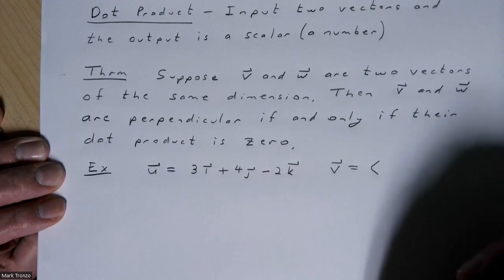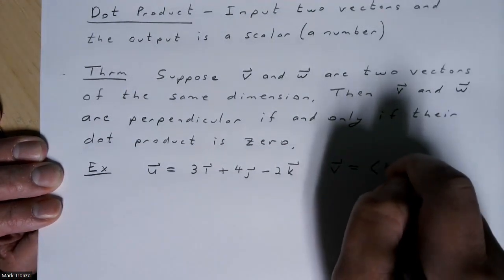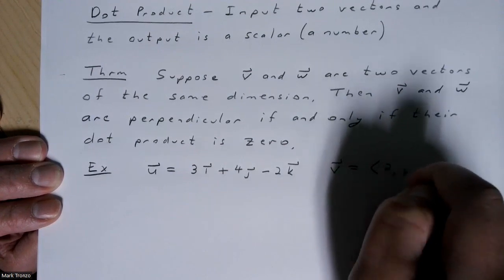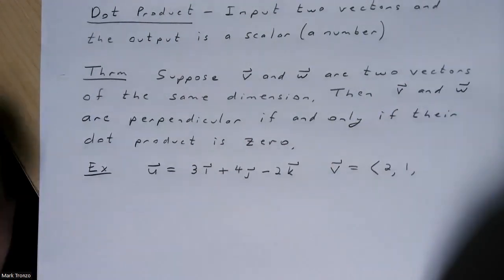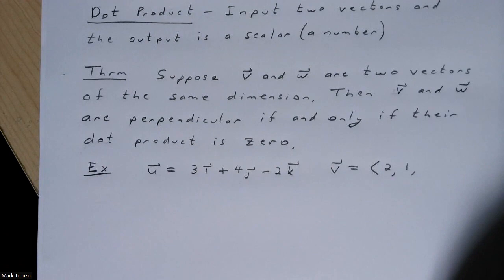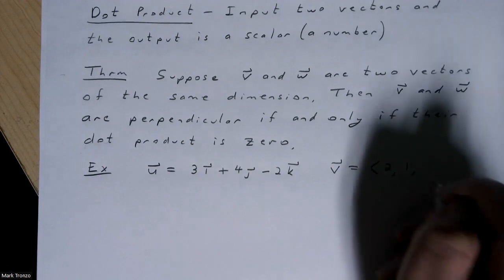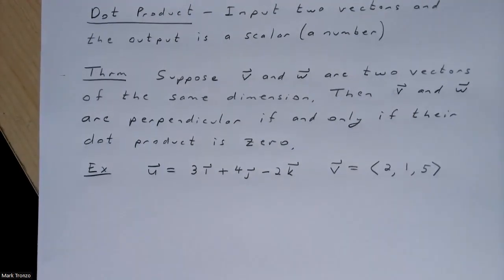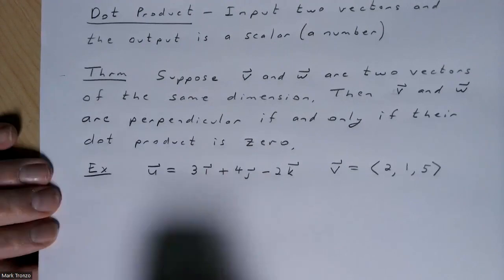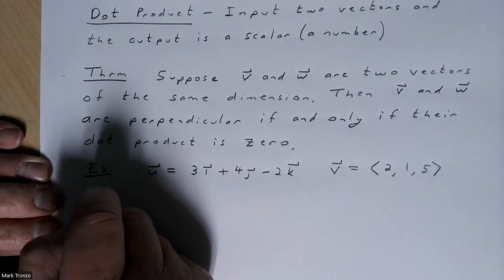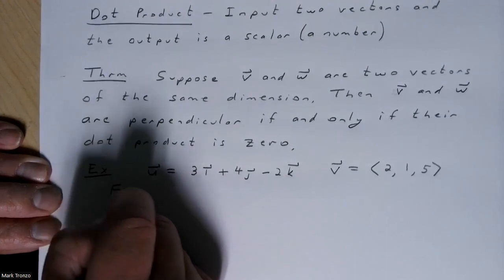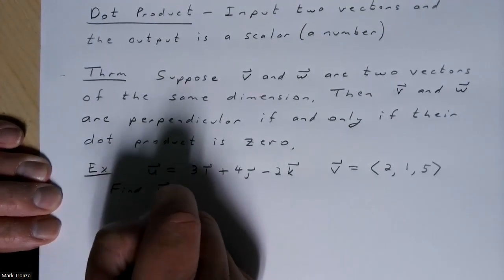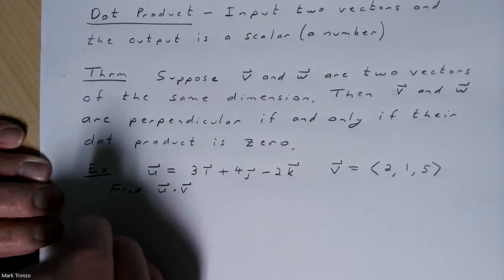So let's say that this is 2, 1, and let's say that this is 5. And find U dot V.